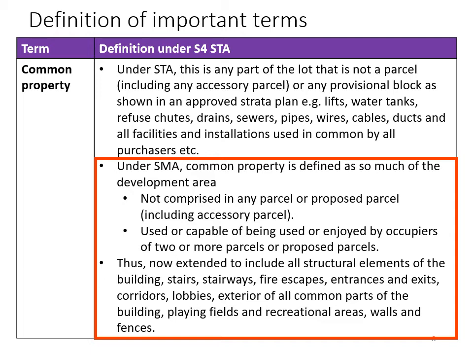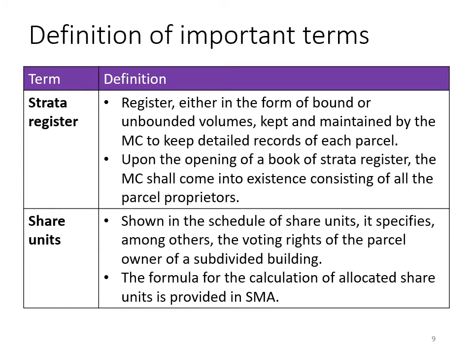So now the definition is extended to include structural elements of the building such as stairs, stairways, fire escape, entrance, corridors, lobbies, and so on and so forth. So it's more detailed than the definition under STA. Okay, next slide, last slide to be discussed.